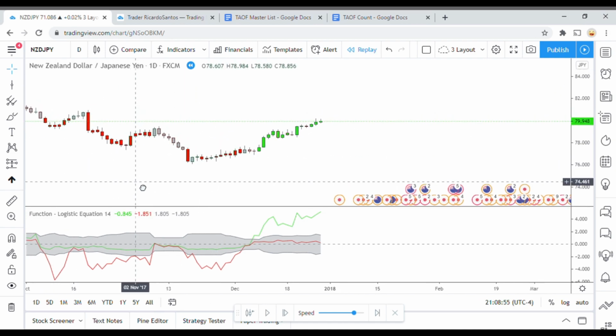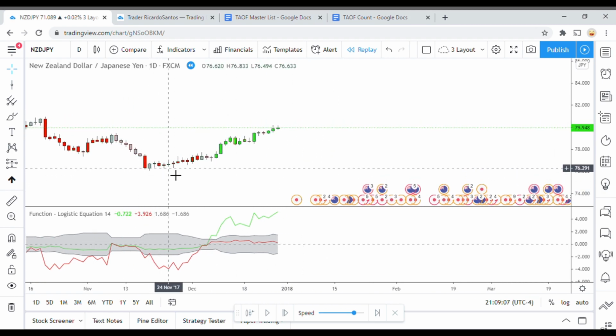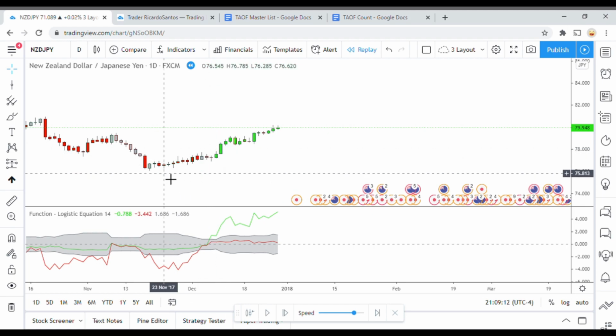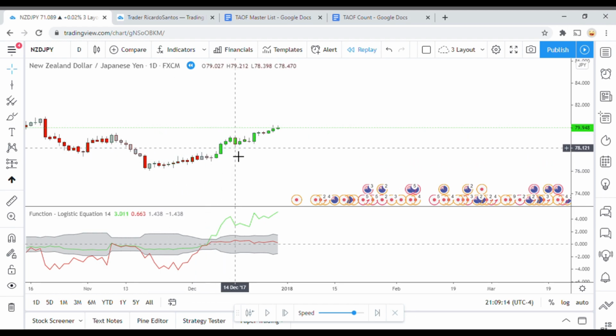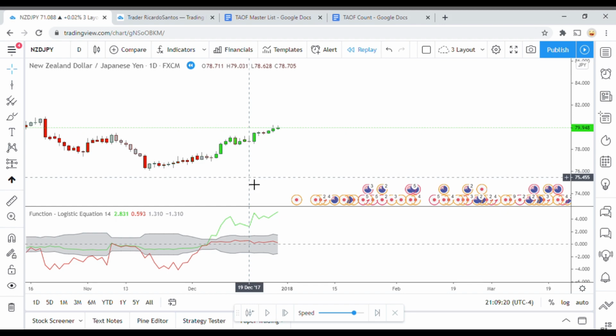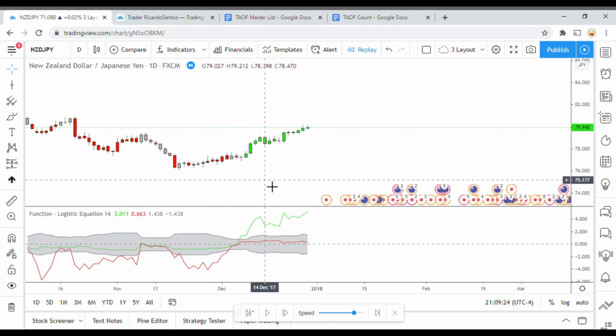Additionally, the creator of this indicator, this is a TradingView user or member created indicator, and so there will be, of course, a link to it in the description below. But they have built in the function where the candles change color as we get a signal to go either long or short.